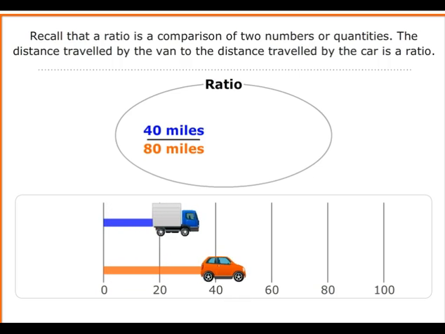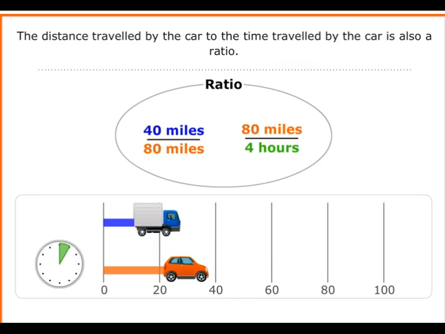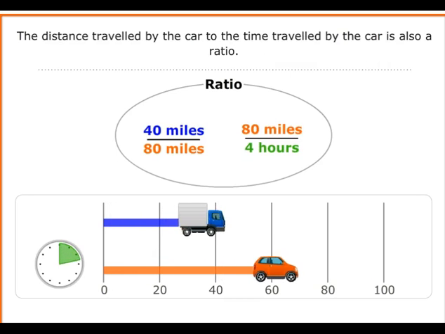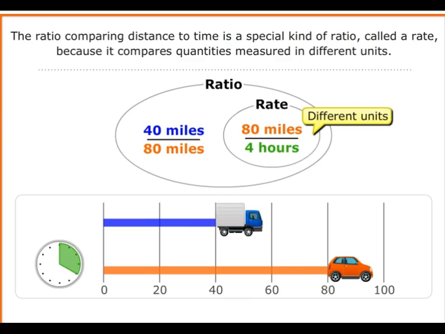Recall that a ratio is a comparison of two numbers or quantities. The distance traveled by the van to the distance traveled by the car is a ratio. The distance traveled by the car to the time traveled by the car is also a ratio. The ratio comparing distance to time is a special kind of ratio called a rate, because it compares quantities measured in different units.